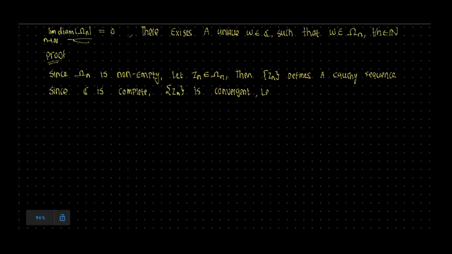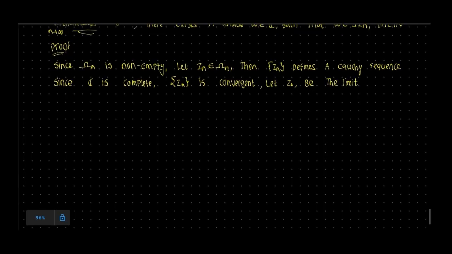So let z naught be the limit. Note that z naught belongs to omega n for all n in the natural numbers. And why is that?